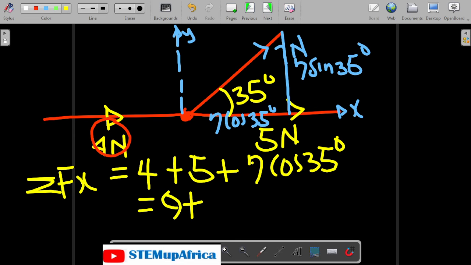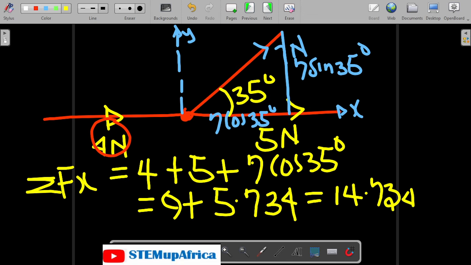Let's get the value of 7 cos 35. That will give me 5.734. If I add it to 9, I'm going to have 14.734 Newton. This is now the sum of all the horizontal forces.